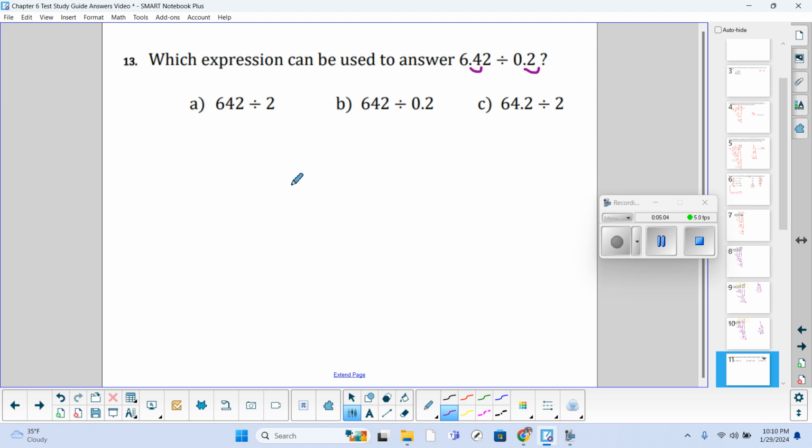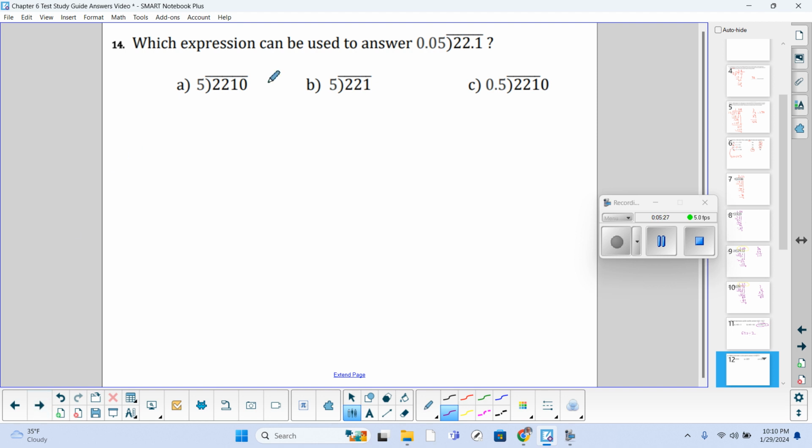So this is equivalent to 64.2 divided by 2. So that's not 64.2 divided by 2, but this one is, so there's our match.